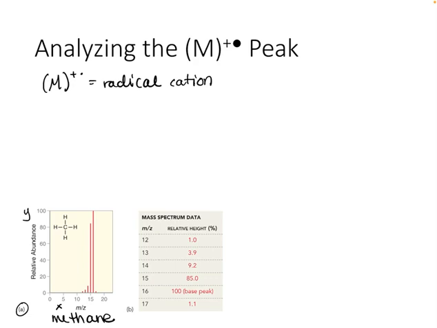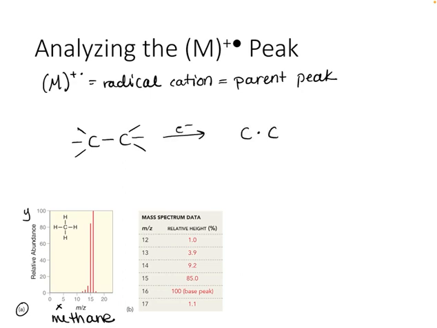Now, we're also going to call this our parent peak. So, remember earlier we drew this example where we had our starting material, and then after it was hit with electrons, we had the radical cation.